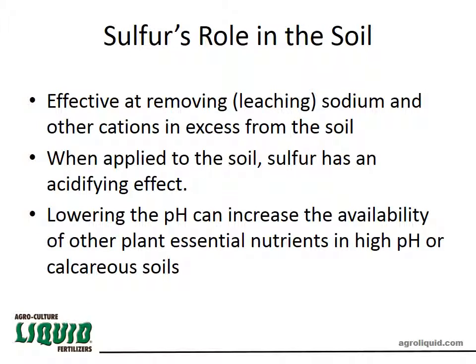Sulfur also has a very important role in the soil. It's very effective at leaching sodium and other cations that tend to be in excess in the soil, calcium, magnesium, those types of bases. When we apply sulfur to the soil, it has an acidifying effect by grabbing those bases and leaching them out of the soil.